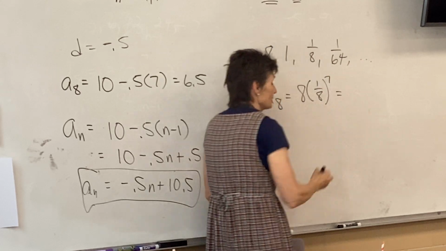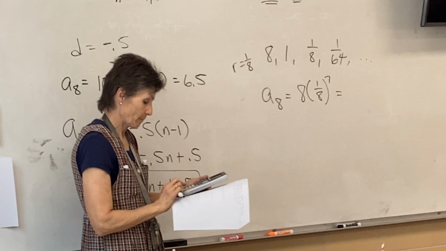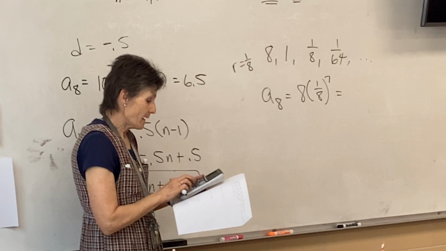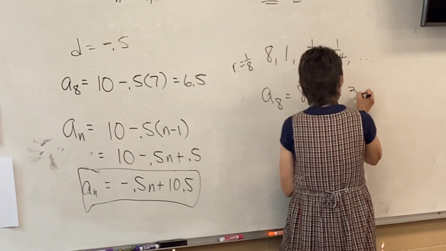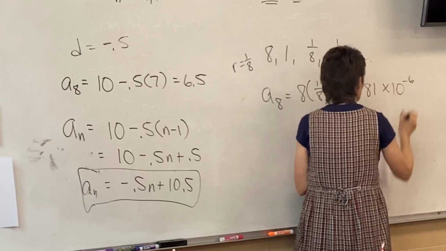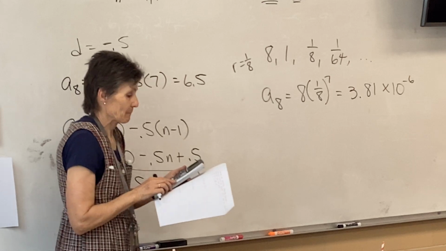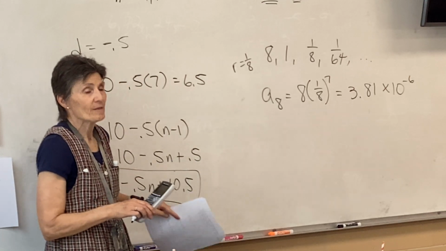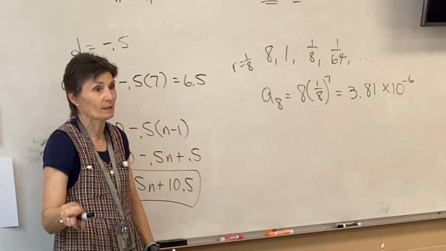Now, this is going to be really small. Try to change it into a fraction, it probably isn't going to change. So we'll say 3.81 times 10 to the -6. We know that geometric sequences grow really fast or shrink really fast.